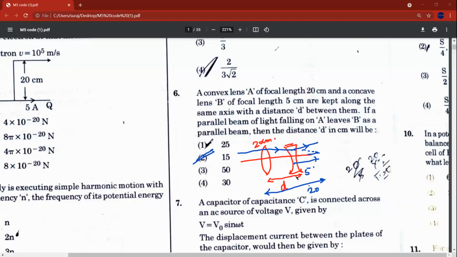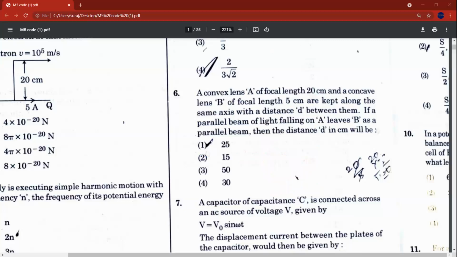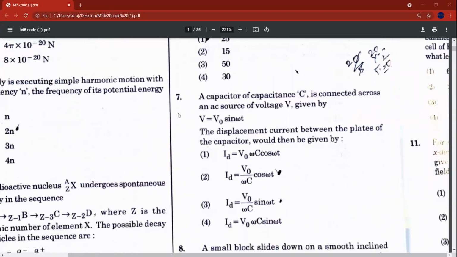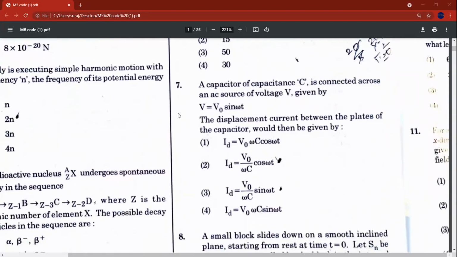Now coming to question number 7. A capacitor of capacitance C is connected across an AC source of voltage V given by V is equal to V0 sin omega t. The displacement current between the plates of a capacitor would then be given by, they are asking.